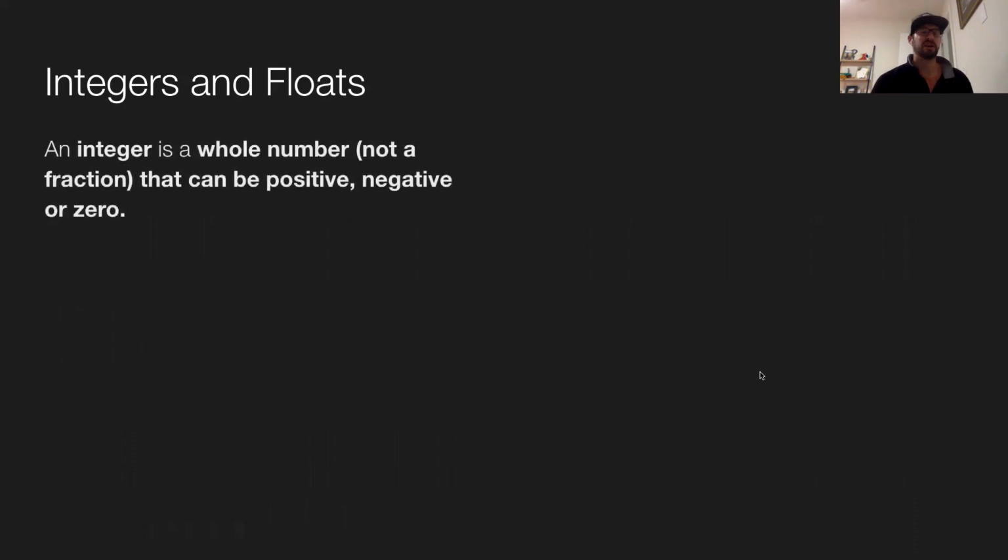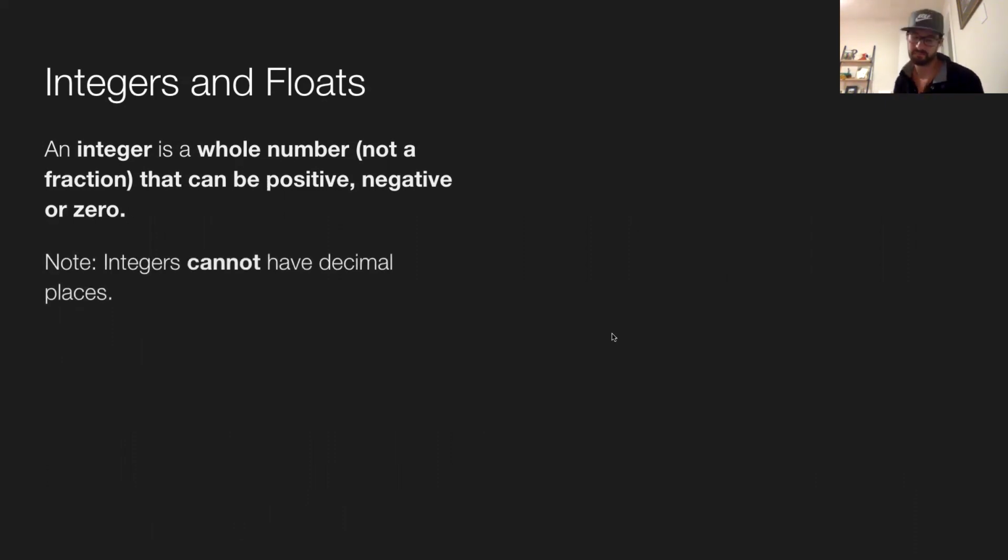So an integer is a whole number, AKA not a fraction, that can be positive, negative, or zero. And just a quick note there is that integers cannot have decimal places because they're whole numbers.